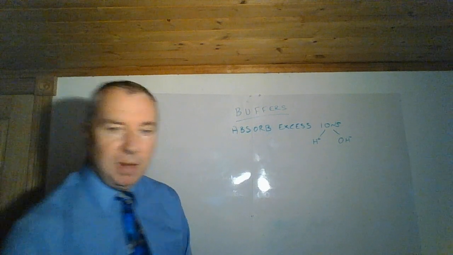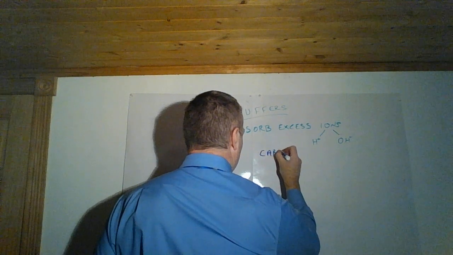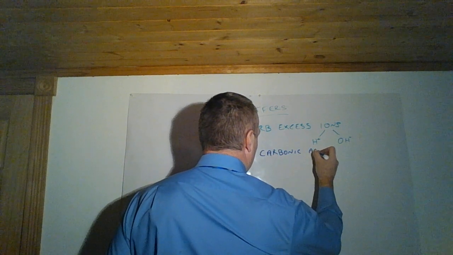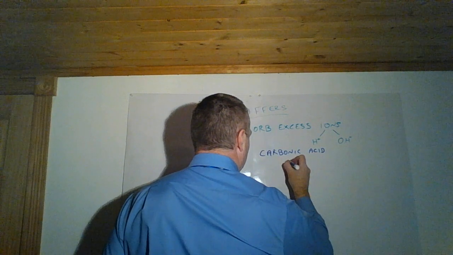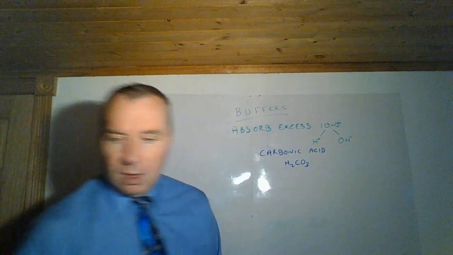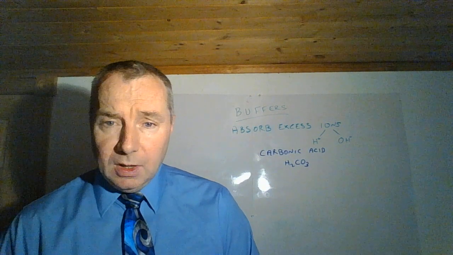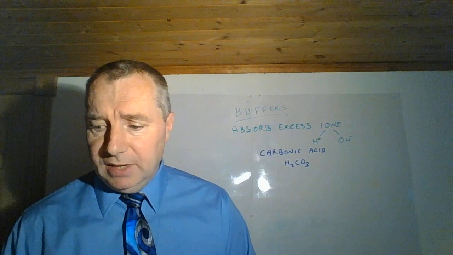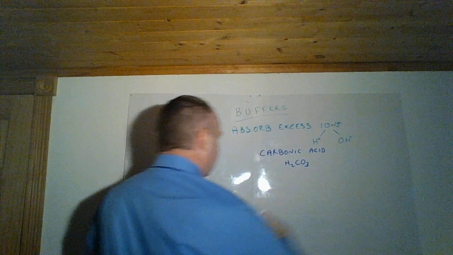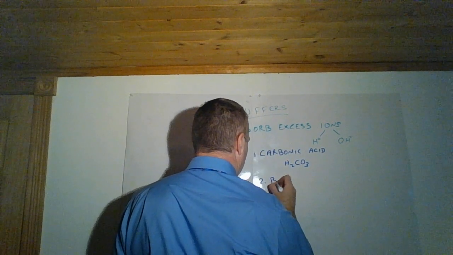For instance, we're going to use human beings as an example organism. So carbonic acid is H2CO3. It is found within our bodies, and we also have another ion called bicarbonate.